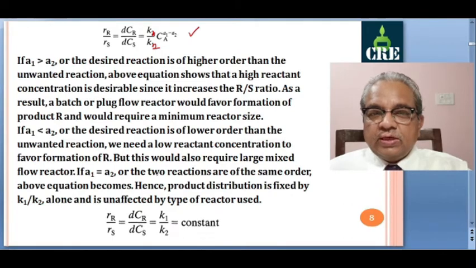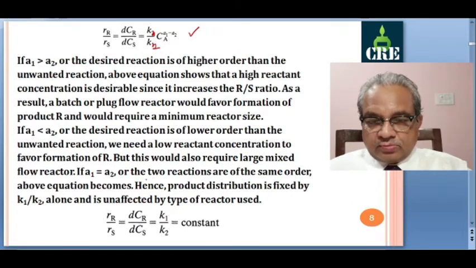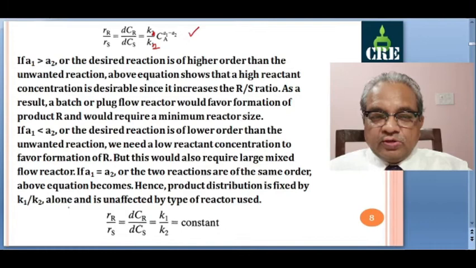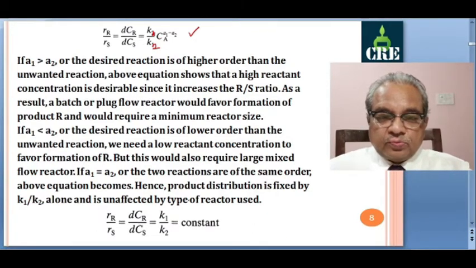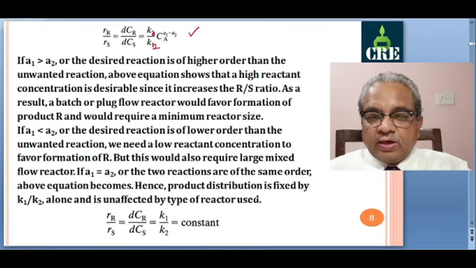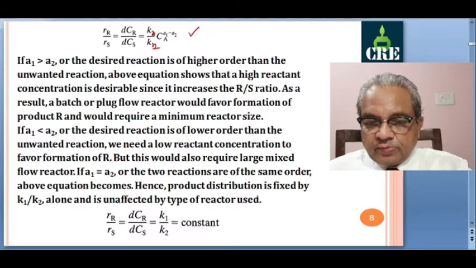So what happens? Ca is raised to 0, zero order. The two reactions are of the same order, and hence the product distribution is fixed only by K1 and K2. Ca raised to 0 is 1, so K1/K2 alone will decide the product distribution, and it is unaffected by the type of reactor. You are not manipulating Ca; Ca is not required to be manipulated.